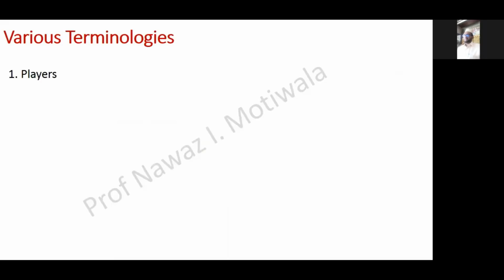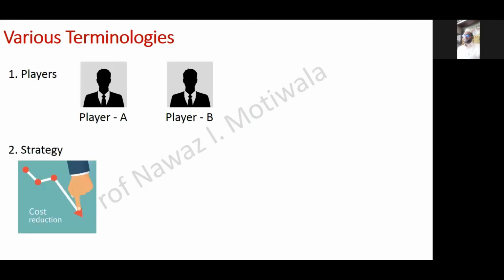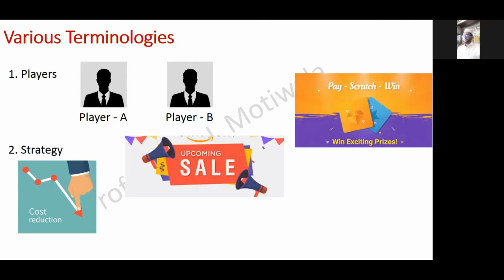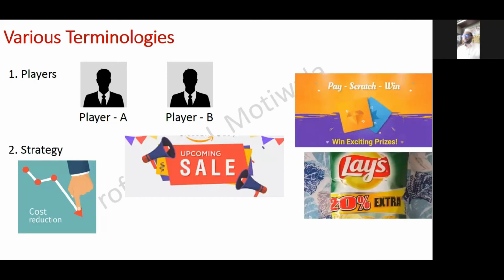Then we had some terminologies. There will be two players, and for strategy we took the example that a company can follow any one strategy or more than one strategy. If he follows one strategy, it is known as a pure strategy, and the value will always be 1, whether in P1, P2, or P3.